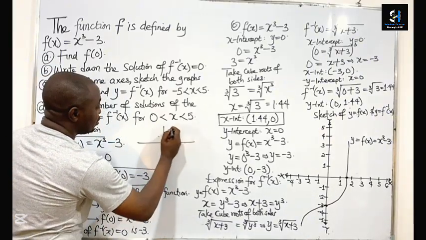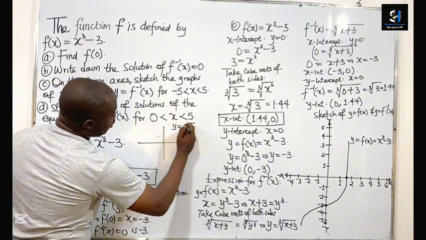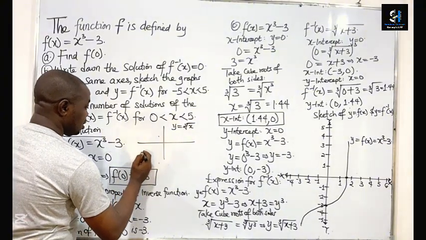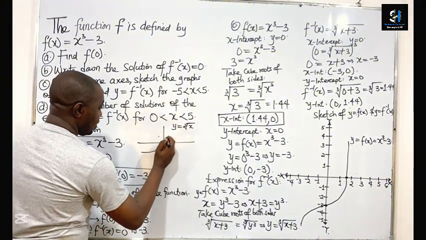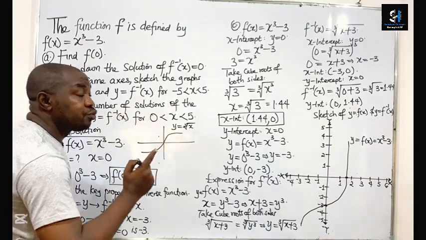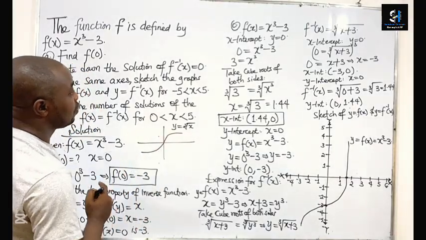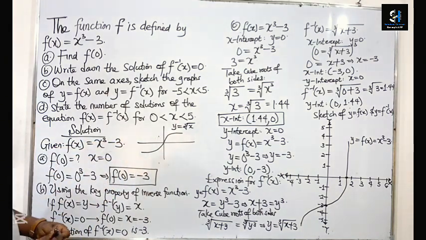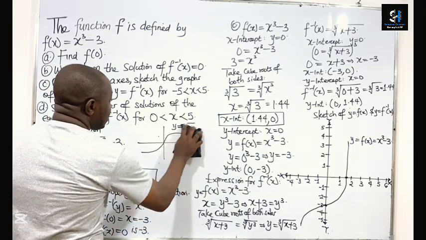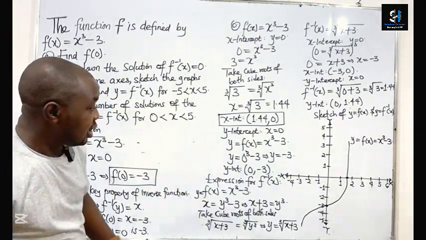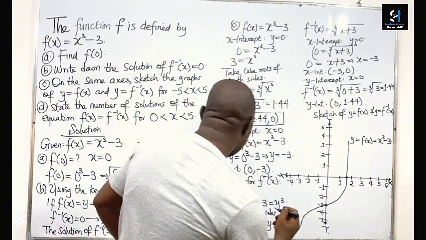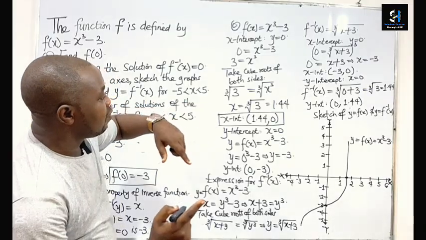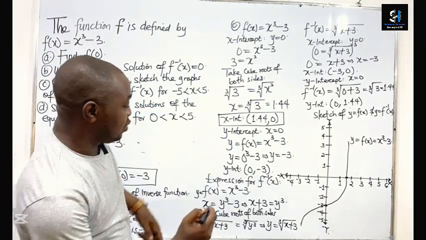For y equals cube root of x, it is going to be this way. This is the graph of the cube root function. That one is the cubic function. So this is the cube root function. So now, using the x and y intercepts, for the x-intercept, when the value of y is 0, x is minus 3.